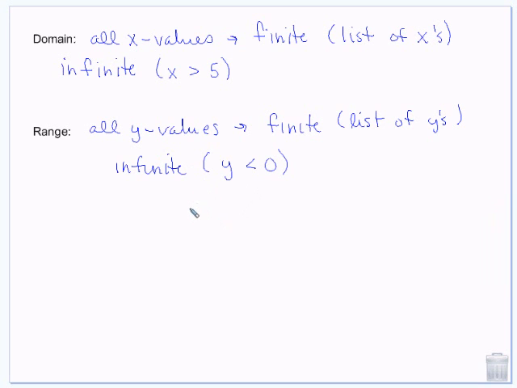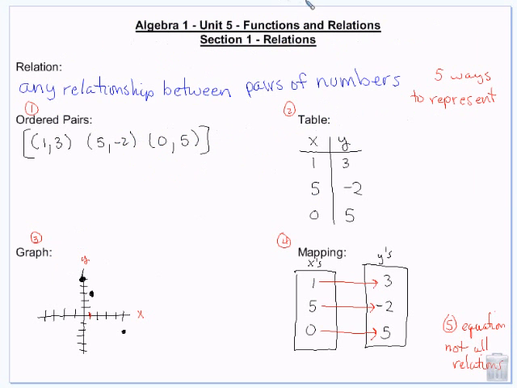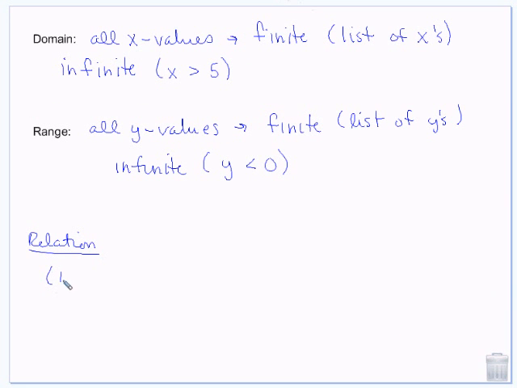Or it could be all real numbers. From our last relation, I had 1, 3, 5, -2, 0, 5.